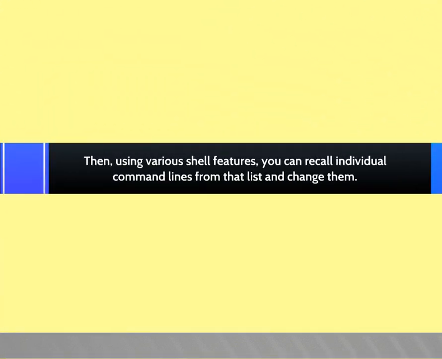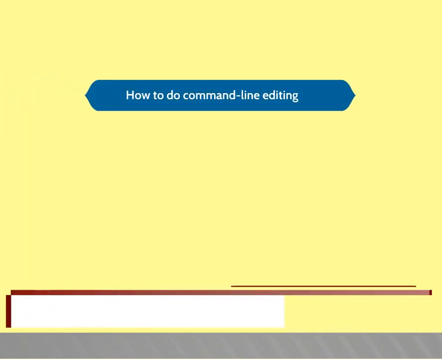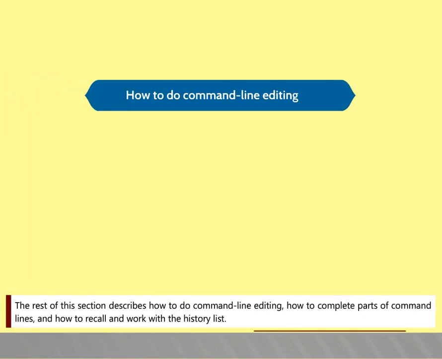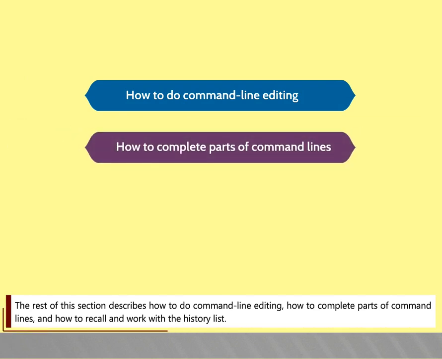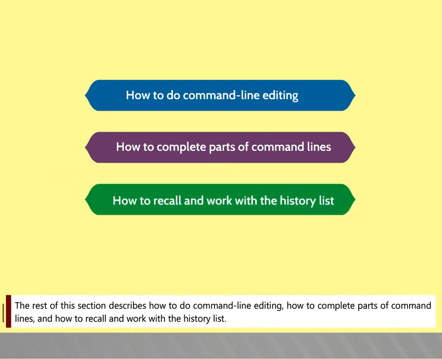Then, using various shell features, you can recall individual command lines from that list and change them. The rest of this section describes how to do command line editing, how to complete parts of command lines, and how to recall and work with the history list.